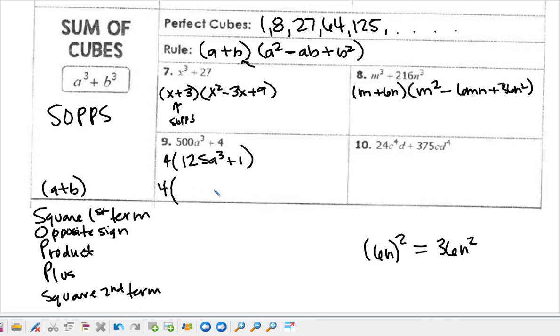So then I have 4 times, so I get my binomial first, so the cube root is 5a plus 1. And then I SOPS, so square the first term. Now the 4 has nothing to do with it. We're SOPSing the binomial only. So square the first term, 25a squared, opposite sign, so a negative. The product, so 5a times 1 is 5a, plus the square of the last term, which is 1.